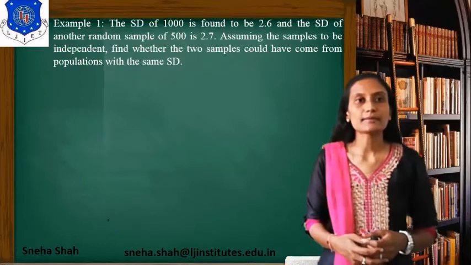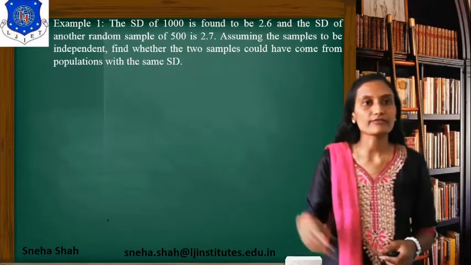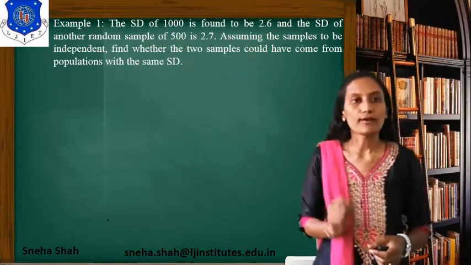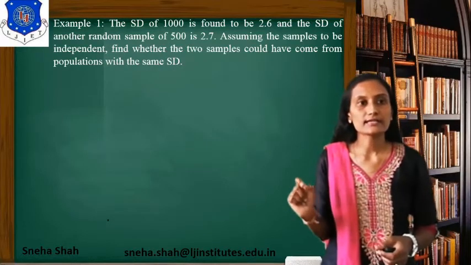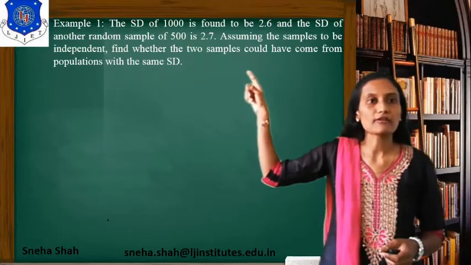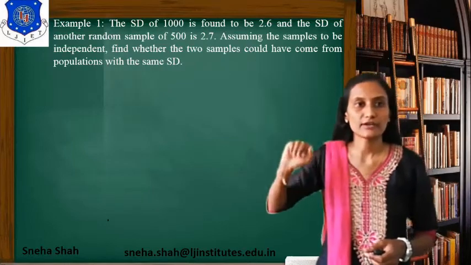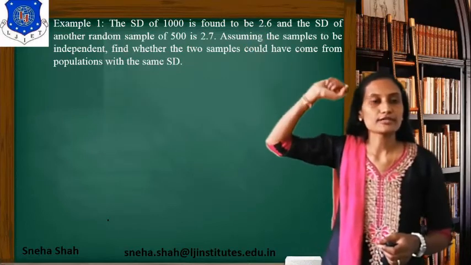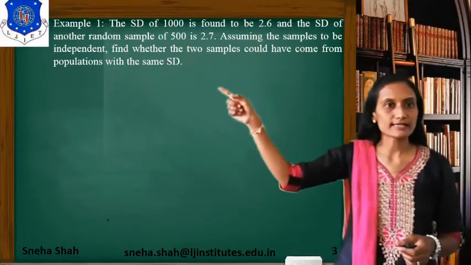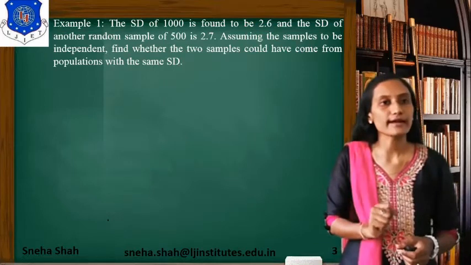The first example is: the standard deviation of a random sample of 1000 is found to be 2.6, and the standard deviation of another random sample of 500 is 2.7. So the number of samples for the first population is 1000 and for the second population it equals 500, right?